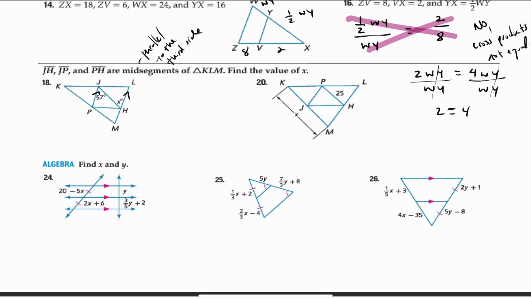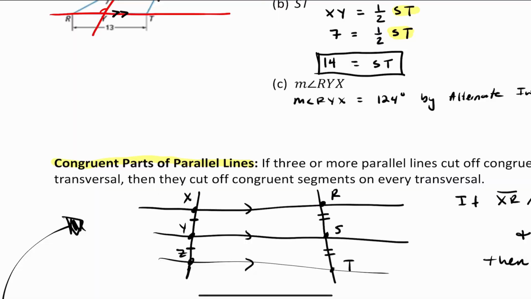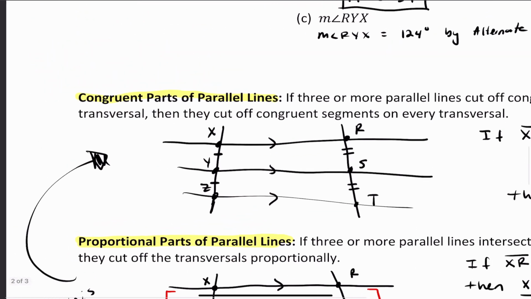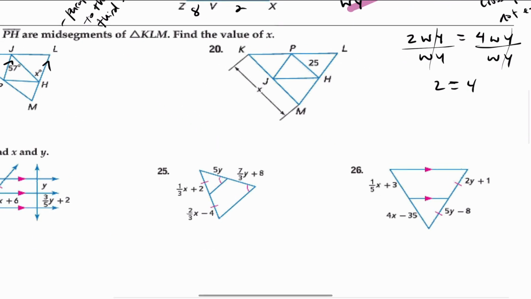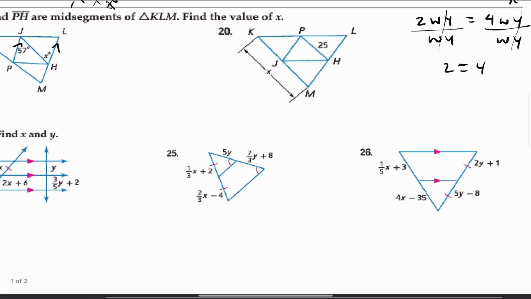24 is actually using this theorem here, the congruent parts of parallel lines. And then number 25, you can basically set these two things together and then make these two segments congruent to each other.